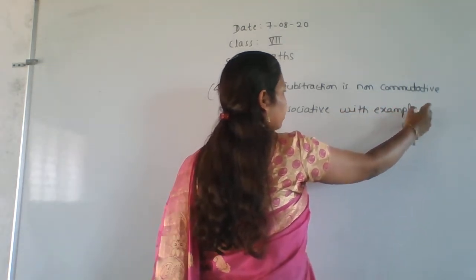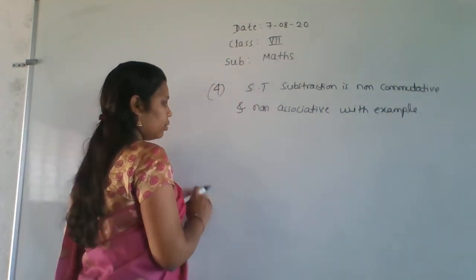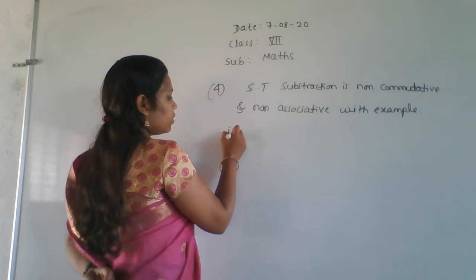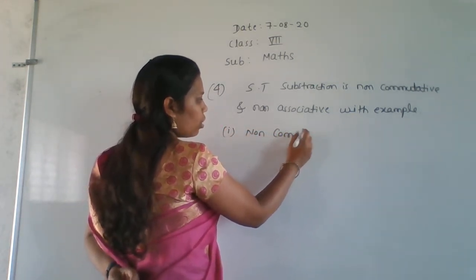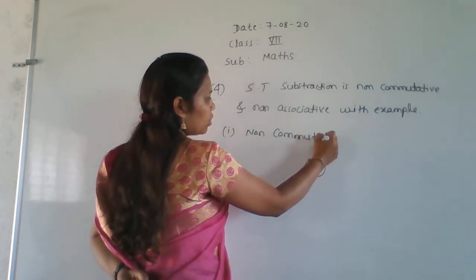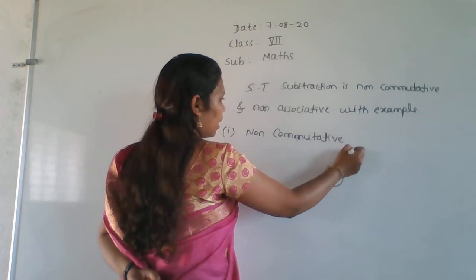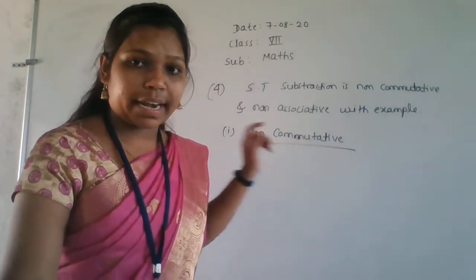You have to give an example and prove that. So we'll do it now. The first thing is that it is non-commutative. Non-commutative is nothing but that the commutative property does not hold good for subtraction, meaning the commutative property is not satisfied for subtraction.